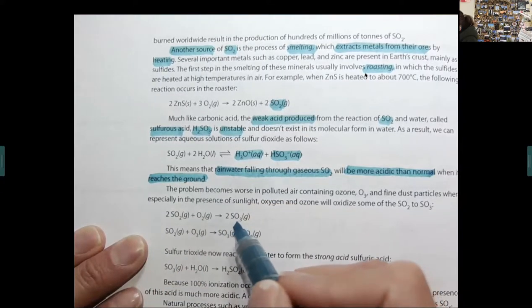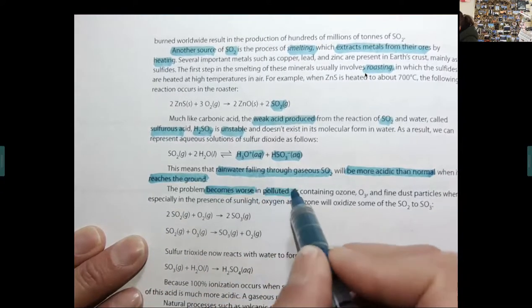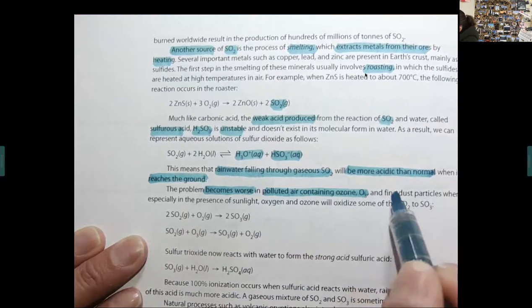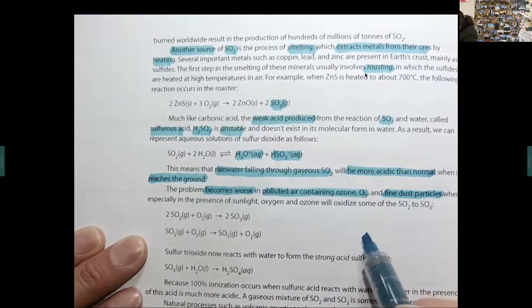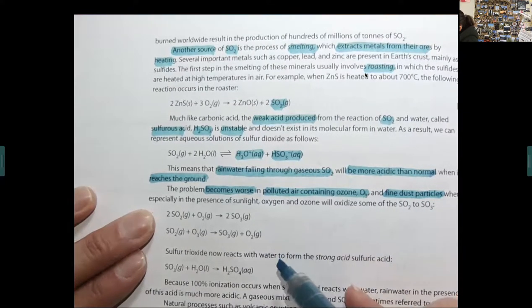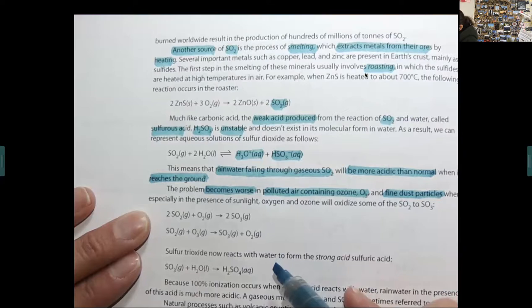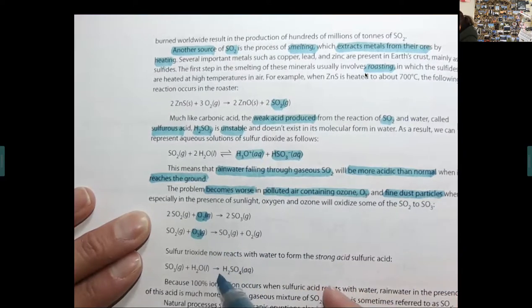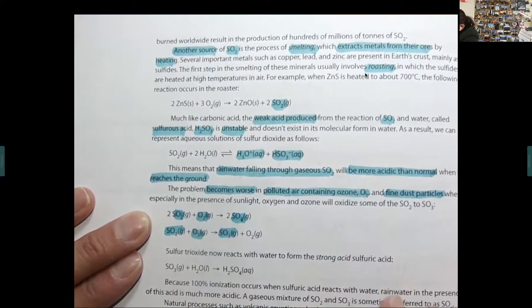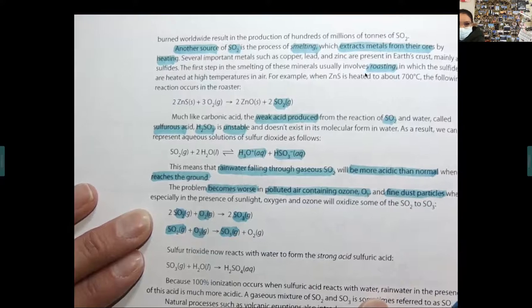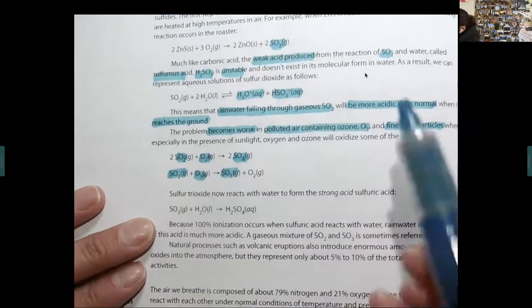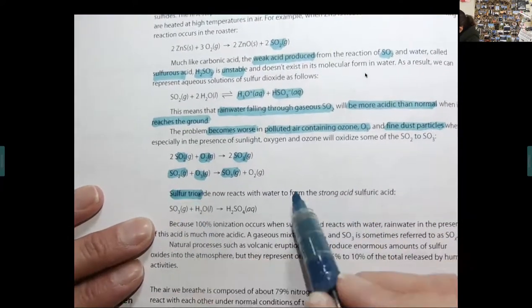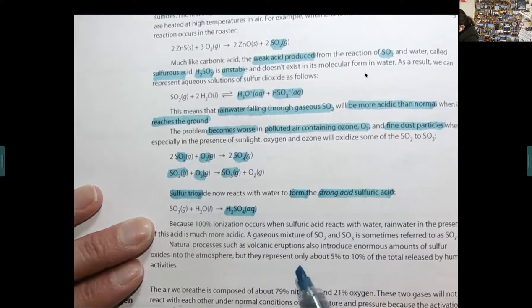So it can become worse in polluted air that contains ozone and little tiny fine dust particles. So here they're showing you that when you've got oxygen and ozone together, here's your oxygen, here's your ozone, they will oxidize sulfur dioxide to SO3, which is your product here. Then your sulfur trioxide is going to react with water to form a strong acid known as sulfuric acid.